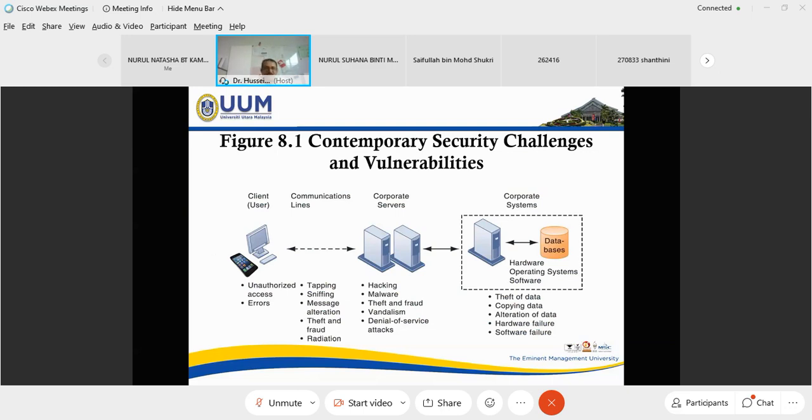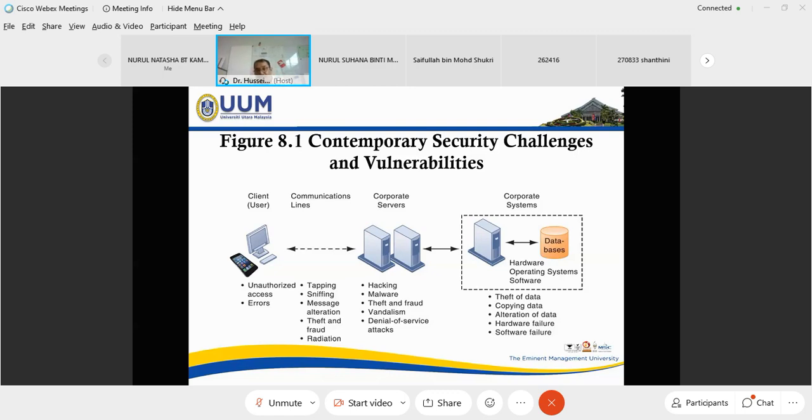What's the security here? We have contemporary security challenges and vulnerabilities. At each level, we have certain vulnerabilities and some security challenges. From the start, the first point is the client or user of a computer. When you are the user or client, unauthorized access or errors could be the problem at that stage.